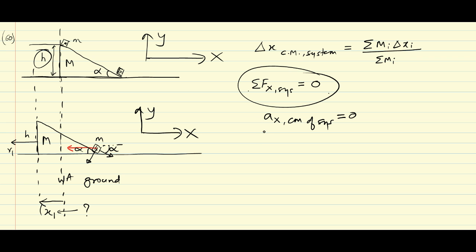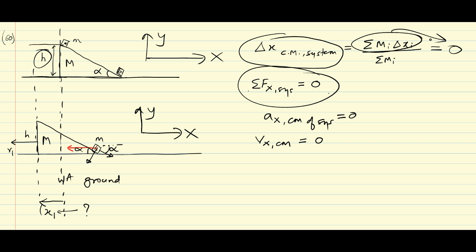Now if that is the case, then Vx of the Cm of the system is always equal to 0, and that means that the Cm of the system cannot get displaced in the horizontal or in the x direction at all, and that would mean that this particular delta x Cm of the system must necessarily be equal to 0, and if that's equal to 0, then the numerator over here is equal to 0.